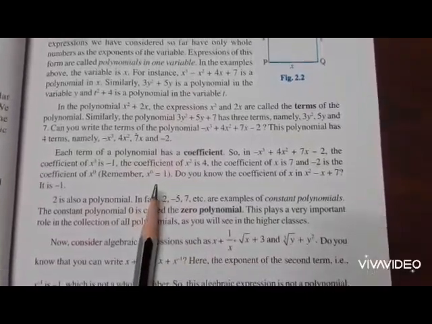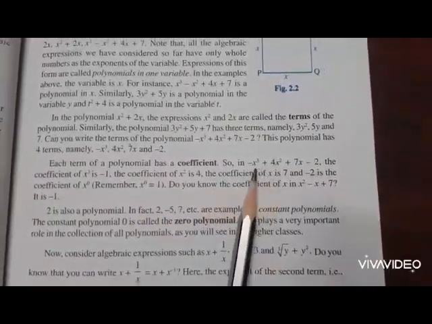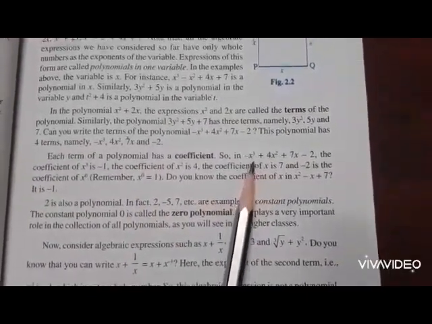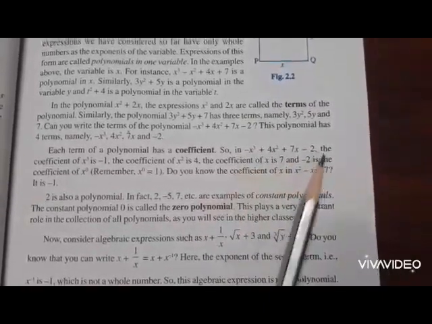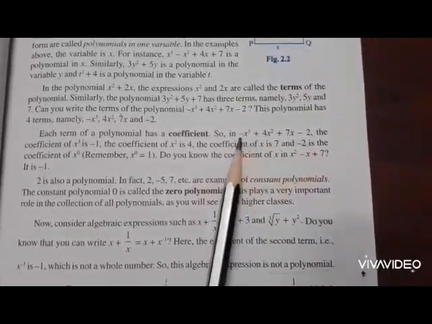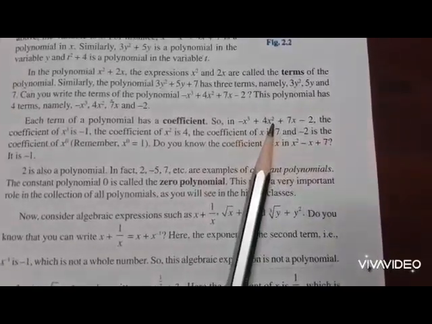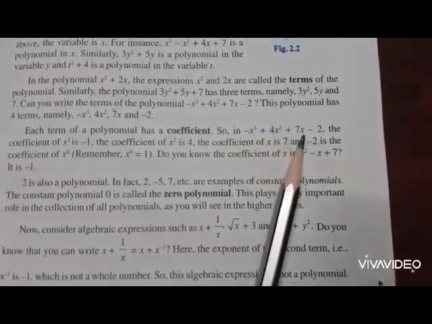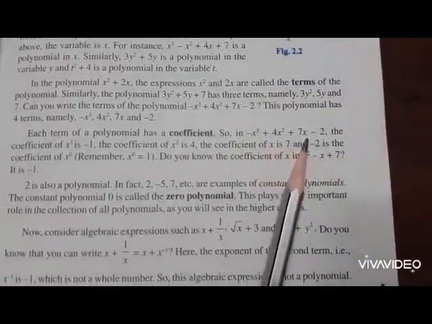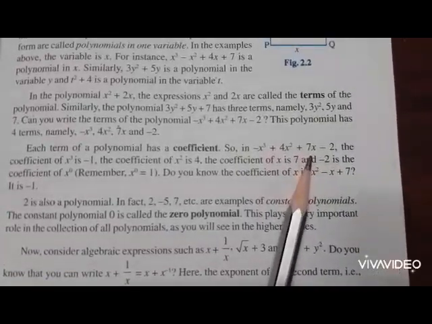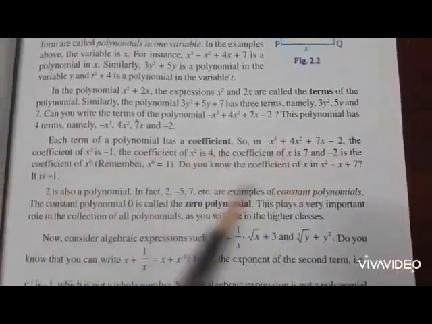You all know about the coefficient of x square, coefficient of x cube. Here in this polynomial, the coefficient of x cube is -1, coefficient of x square is 4, and of 7x the coefficient of x is 7, and like that it goes on.